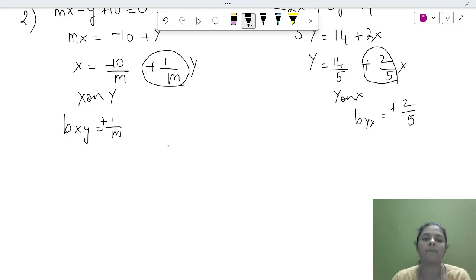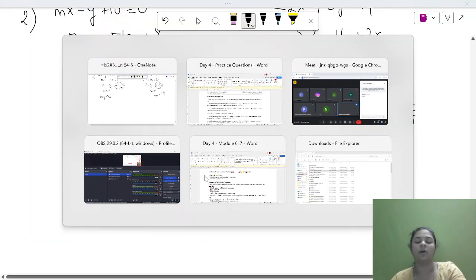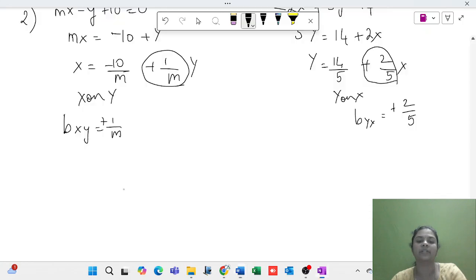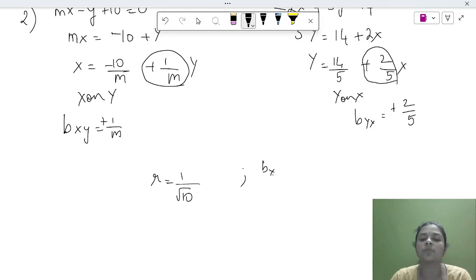Okay. Now we know the correlation coefficient is 1 by root 10. So r is equal to 1 by root 10. And we know the formula bxy into byx is equal to r square. You can take it either way. So we can just calculate 1 by m into 2 by 5 is equal to r square.